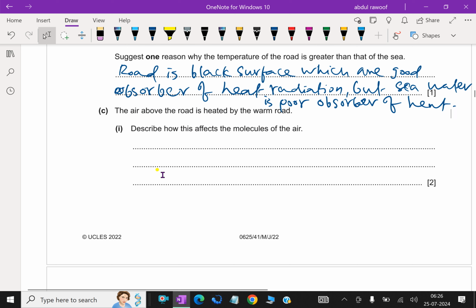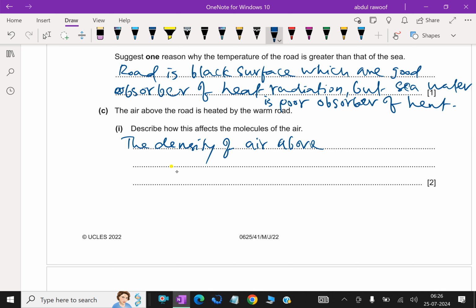By convection, the density of air above the road decreases. That is because of the hot air; the density of the air decreases.